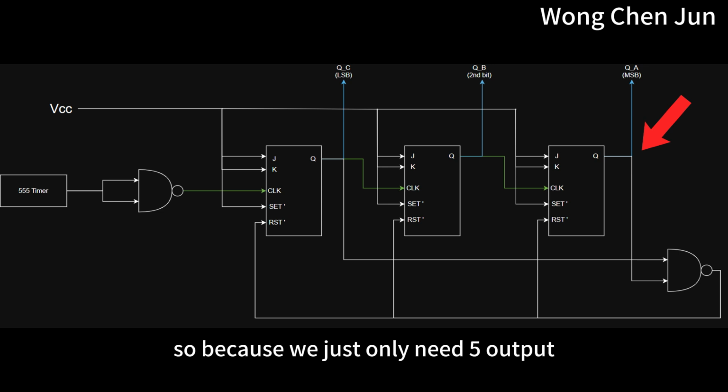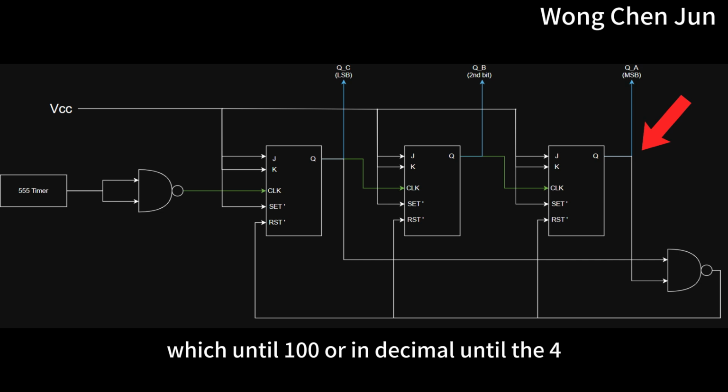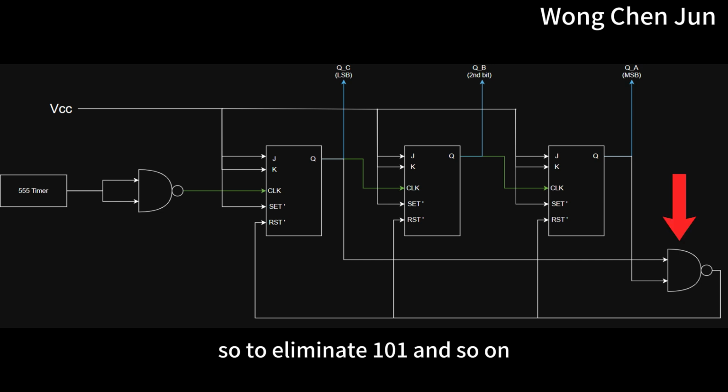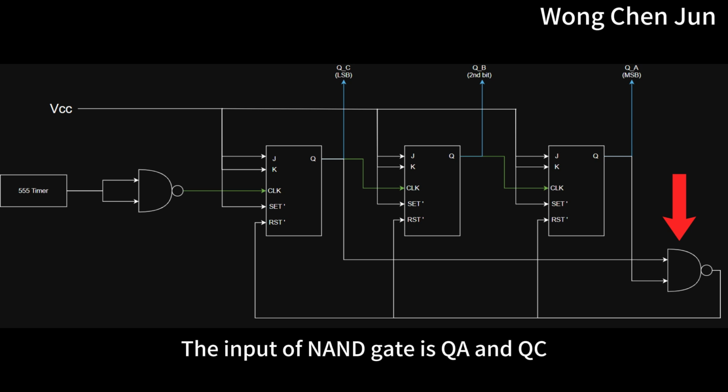Because we only need 5 outputs, which is until 100, or in decimal until 4, to eliminate 101 and so on, the NAND gate is used. The inputs of the NAND gate are QA and QB.